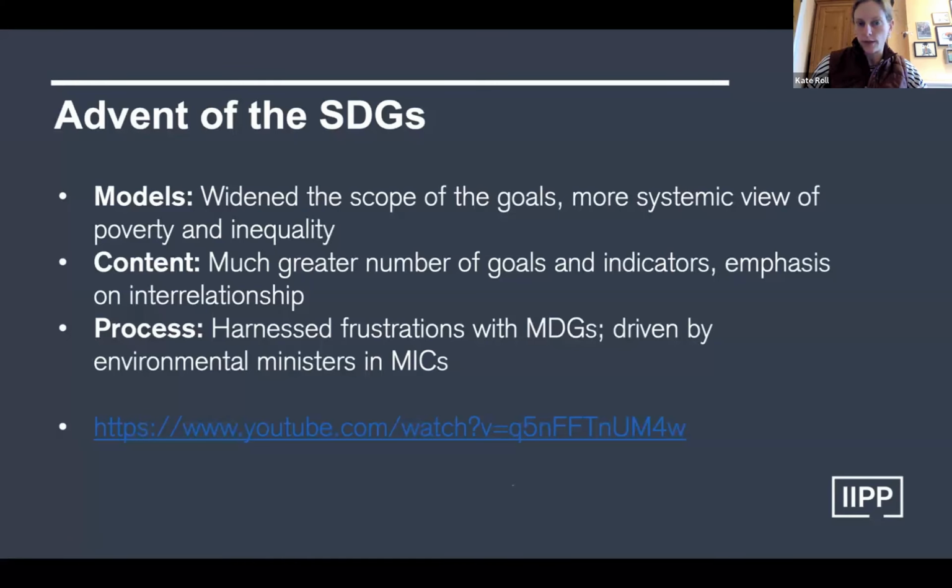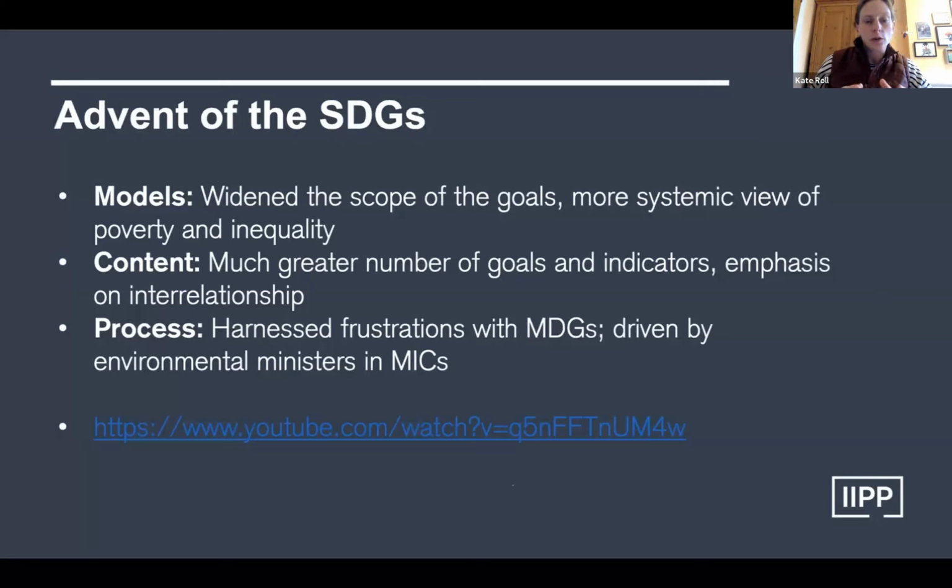As a result, we see a much greater number of goals and indicators. We also see that the SDGs apply equally to all UN member states. It's not just an aid agenda about what needs to be done in low-income countries or in countries under stress. It's something that should be happening everywhere, which I think is a really important change of stance.